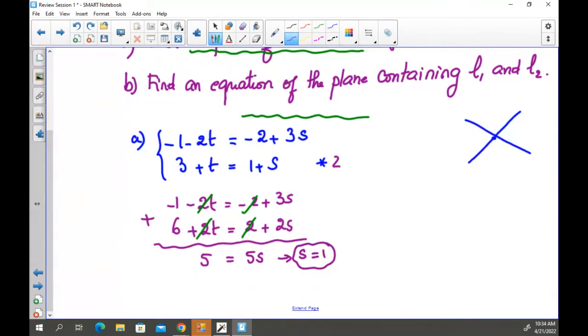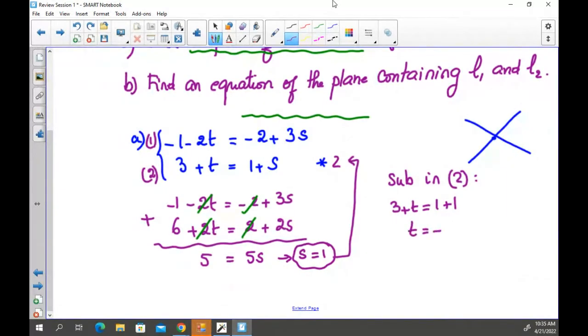Good. And then I will perhaps substitute in equation number 2. If we call this 1 and this 2, we will substitute in 2. So we will get 3 plus t equal to 1 plus 1.